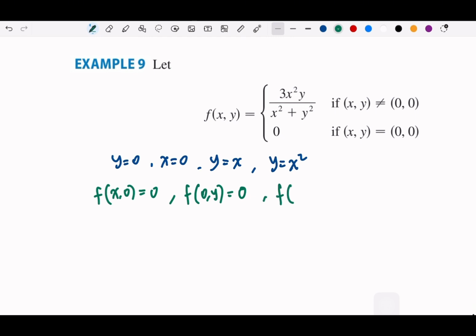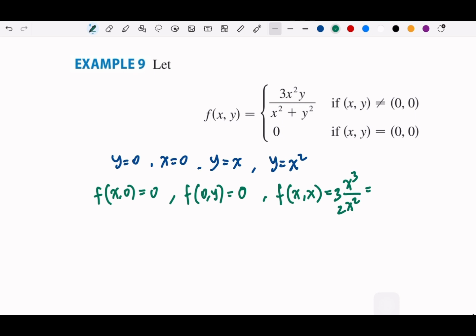And if you substitute y with x, let's say x, x. So this is x cubed and then 3 over x squared, right?